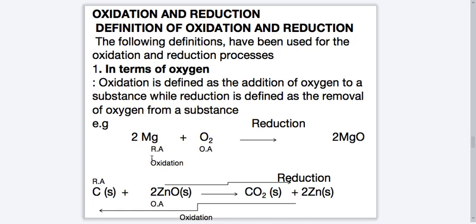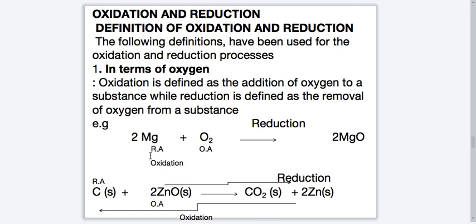And if you look at what we put here, RA stands for reducing agent, while OA stands for oxidizing agent. How do we get this concept?